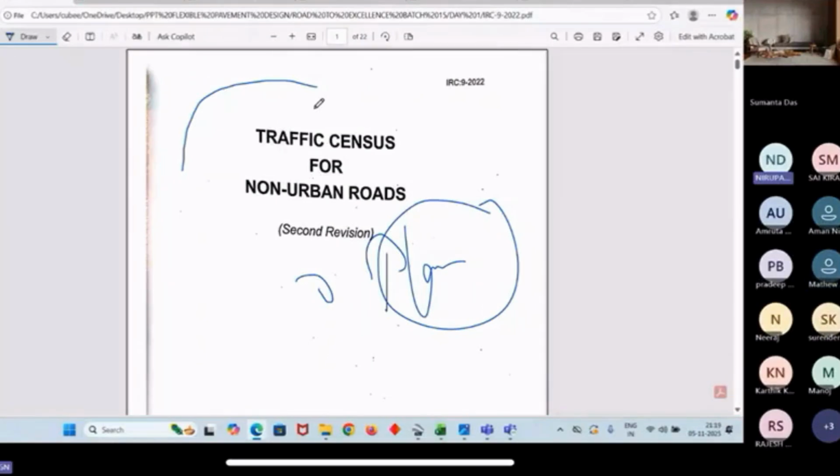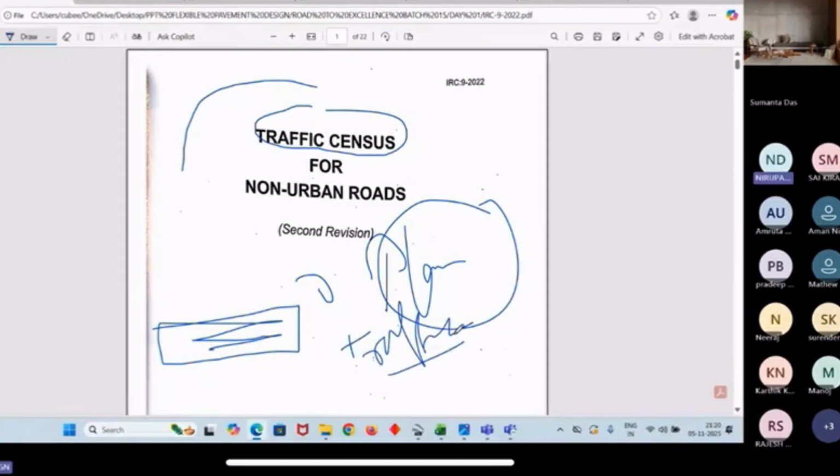So the decision of lanes during the design phase, you need to reclassify the corridor based on the traffic census data only. Your pavement thickness, layer thickness decision can be taken by the traffic data only.